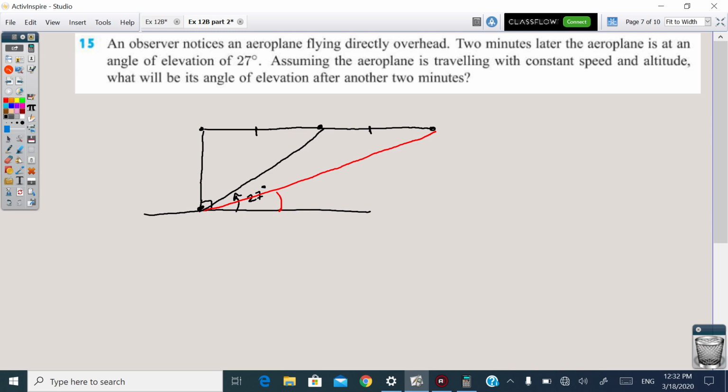So if we call this distance x, then this distance is also x. And because the plane is flying overhead and at the same altitude, then its path is parallel to the ground. So what we have is this angle is 27. And this is the angle that we want to find, theta.